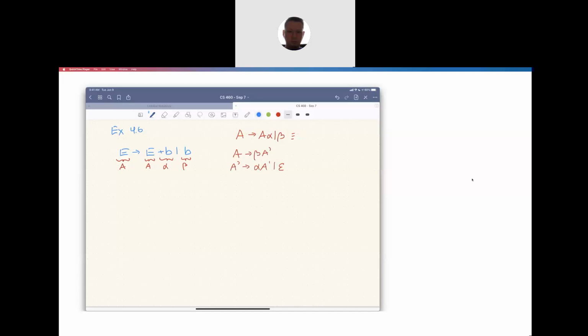Right, so then we just got to do this, where A is E, B, so beta is B, A prime is E prime, alpha is plus B, etc., etc. So we get E goes to, well, we need the beta, that's the B, and then we need E prime.